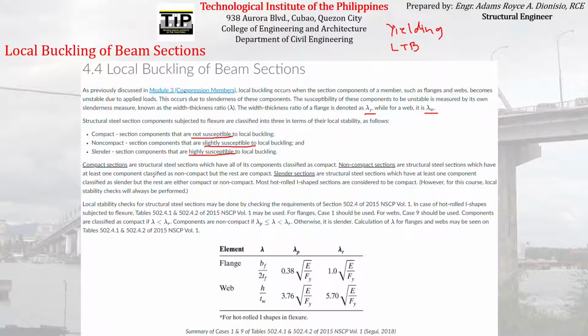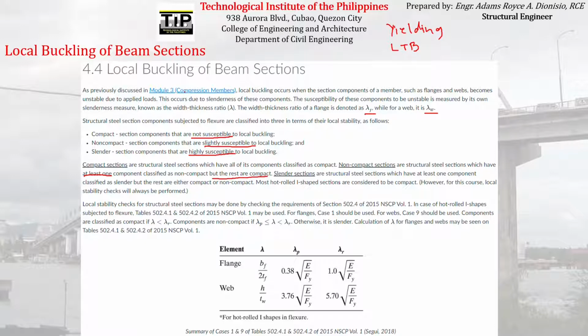Okay, compact sections are structural steel sections which have all of its components classified as compact. Non-compact sections are structural steel sections which have at least one component classified as non-compact, but the rest are compact.